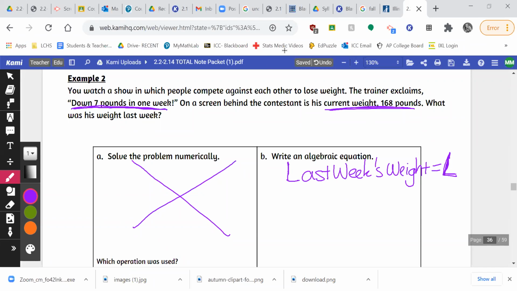So our variable is L. When we look at our problem here, down 7 pounds implies that we would be taking away 7, that we would be subtracting 7. So when we think about our setup for our equation, we're going to take last week's weight and subtract 7, and that will equal this week's weight, which is 168.